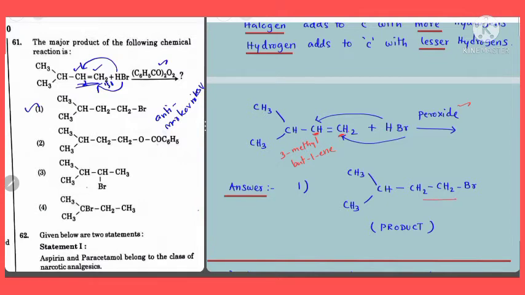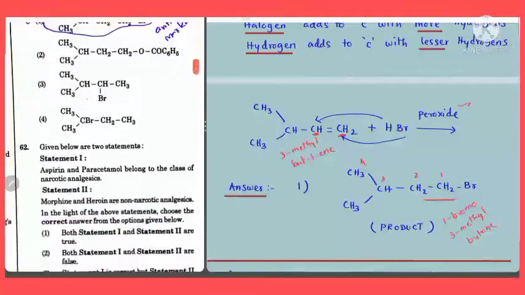The name of the product is 1-bromo, with the methyl group at the third carbon, so 1-bromo-3-methylbutane. That will be the IUPAC name of the product we get. So option 1 is the right answer.